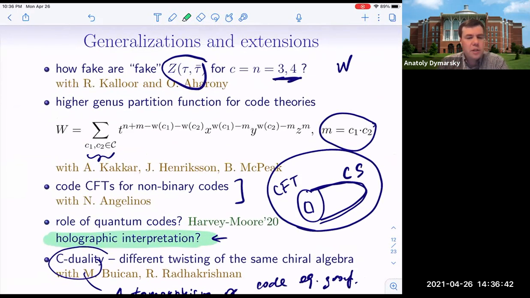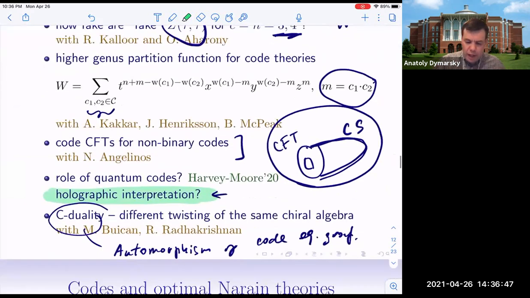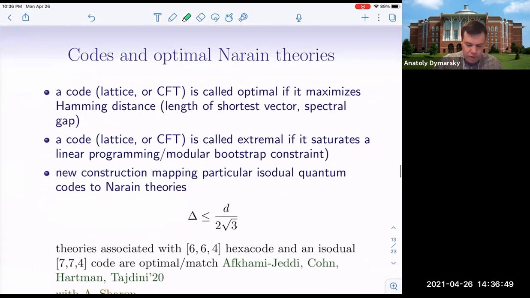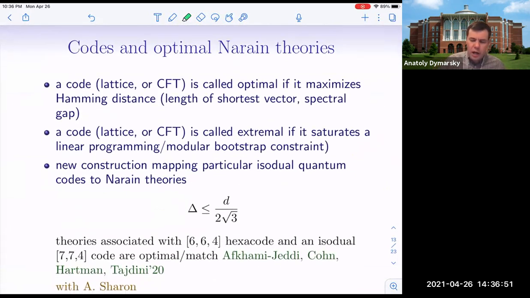Okay, so this was an extension of what we did with Al Shapiro a year ago. But apparently this construction, mapping quantum codes to Narain theories, we are almost done, Adar Sharon and I, working on a new construction. Apparently, you can start with another family of quantum codes. In the previous part of my talk, I was working with a special family of quantum codes, which are called real and self-dual.